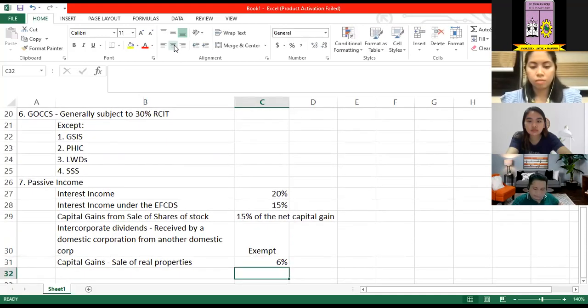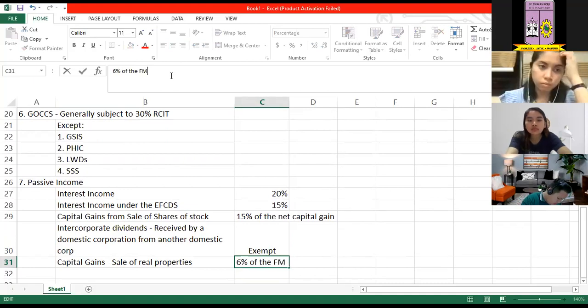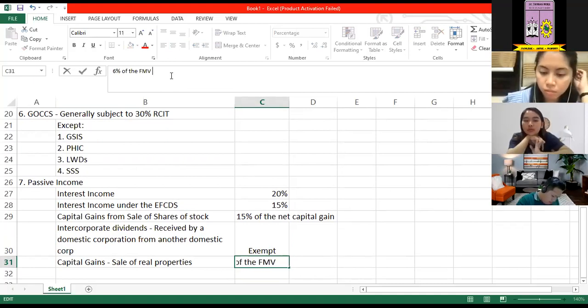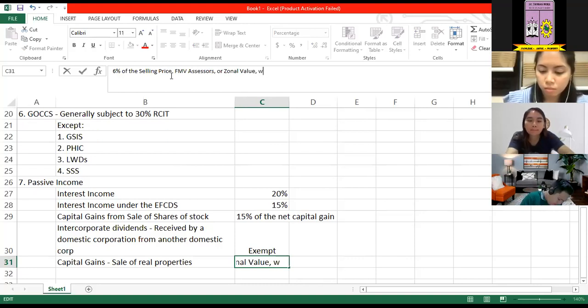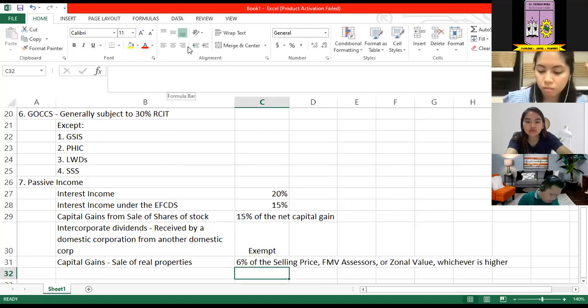Okay? 6% of whichever is higher, fair market value, selling price, fair market value, assessed, and or zonal value, whichever is higher. Ayan. So whichever is higher.